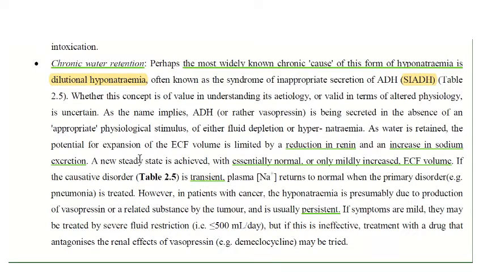And an increase in sodium excretion. راح يصير صوديوم excretion. إذن هذا الوتر اللي راح يصير به retention يعني احتباس بسبب زيادة ال ADH secretion. إمكانية for the expansion of the extracellular fluid volume is limited راح تتحدد by reduction in the renin يقل الرنين وبالنتيجة an increase in sodium excretion. A new steady state is achieved with essentially normal or only mildly increased extracellular fluid volume.